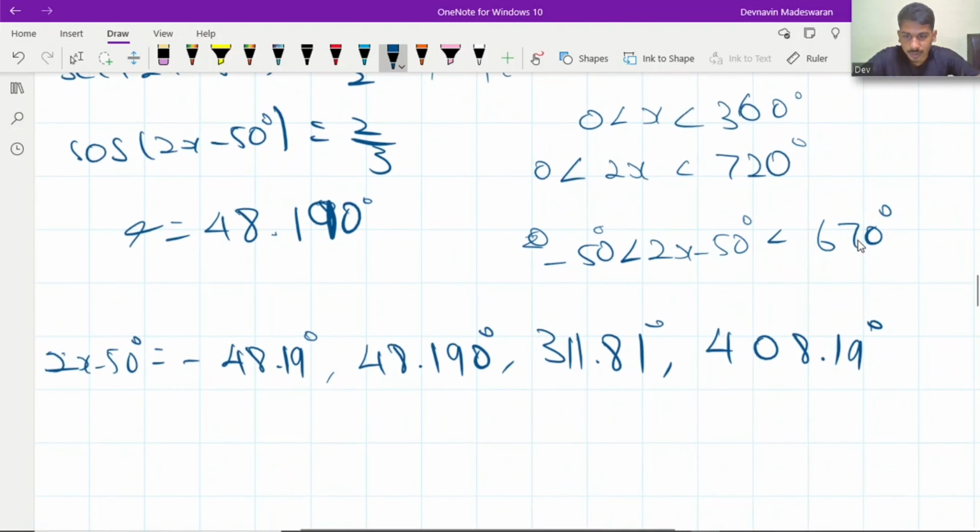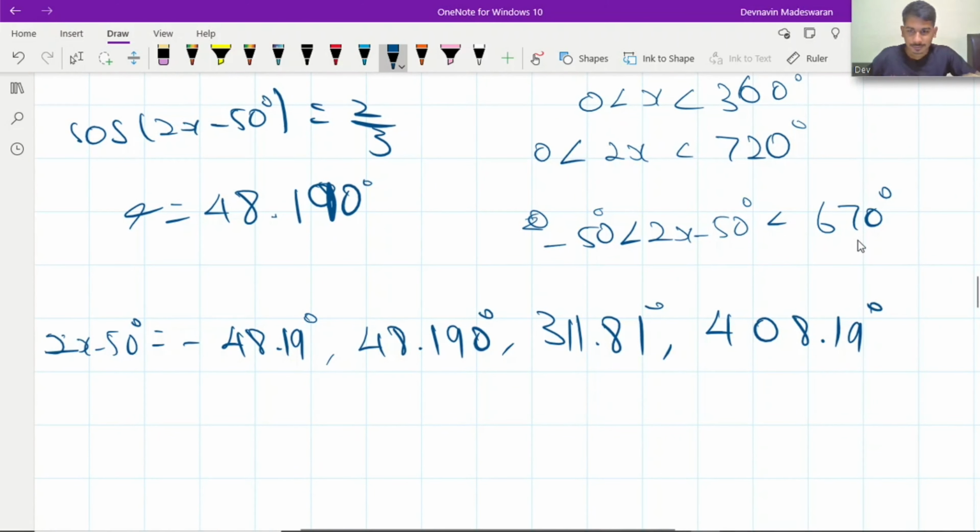So add negative 48.19 plus 50, divided by 2. It's going to be 0.905 degrees, which is so weird. Such a small number.